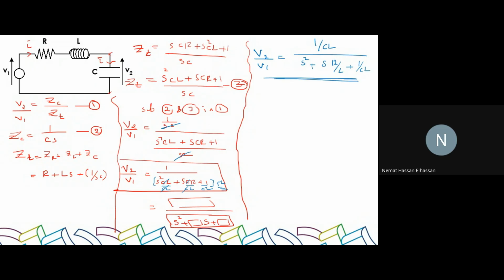And this is your transfer function in its standard form. Clear? So why do we put it in the standard form? This leads us to the next bit of this lecture: the standard form tells you about the performance of your circuit. So we do have this equation here.